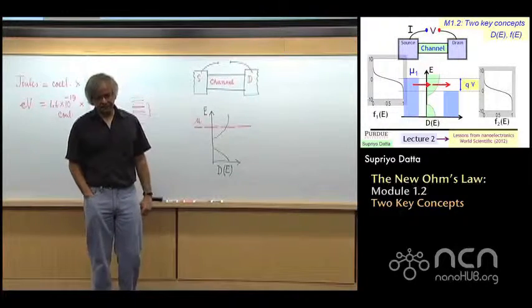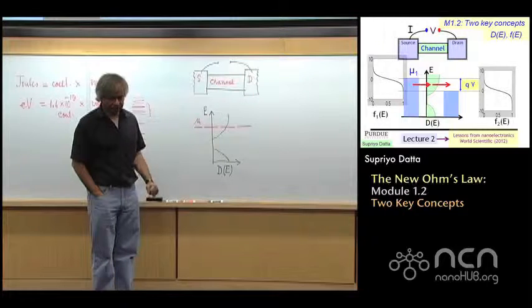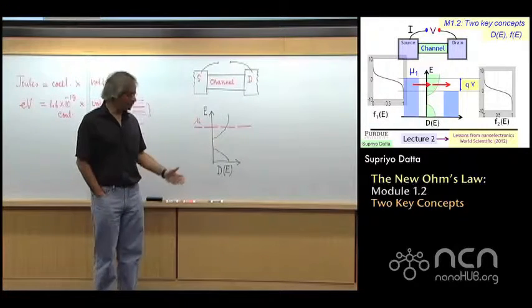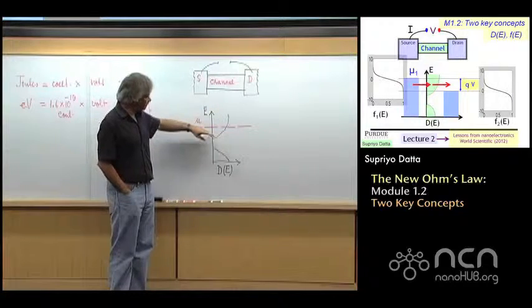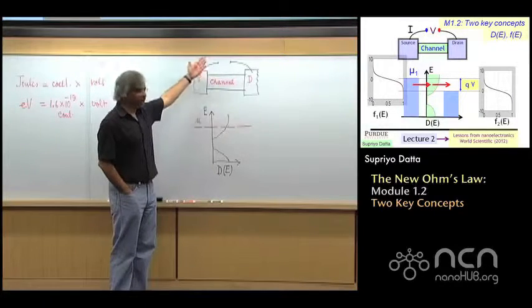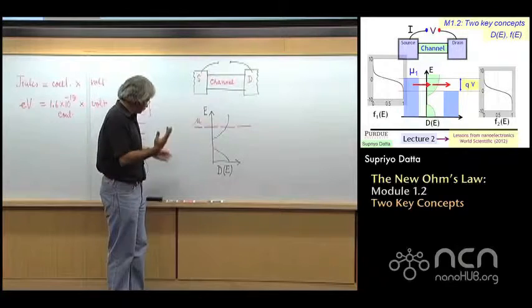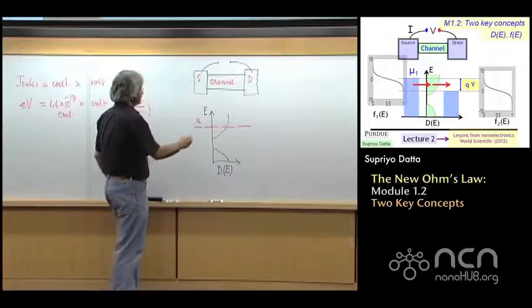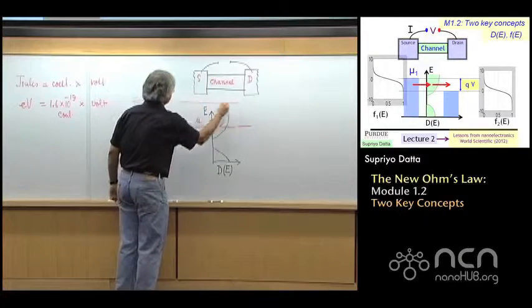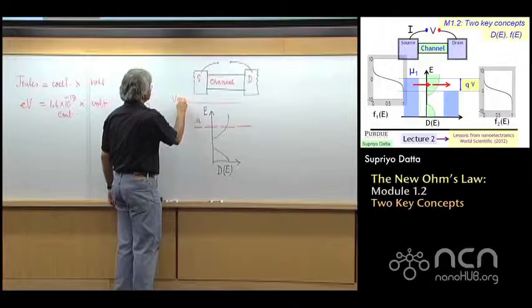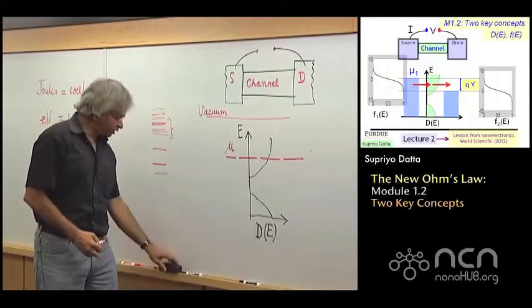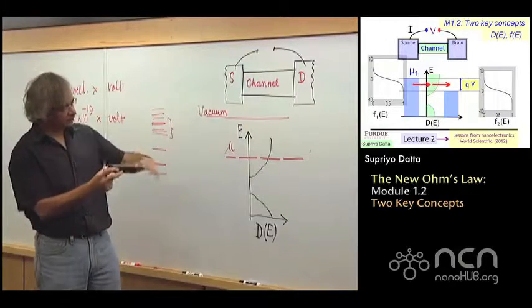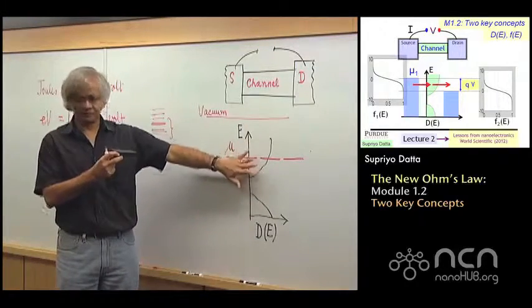That is, this effect that was discovered about 100 years ago, that in any solid, if you have electrons, if you hit it with light, electrons are emitted out into vacuum, out from the solid. So let's say this is the vacuum level. What that means is, when an electron is inside this solid, these are its energy levels.